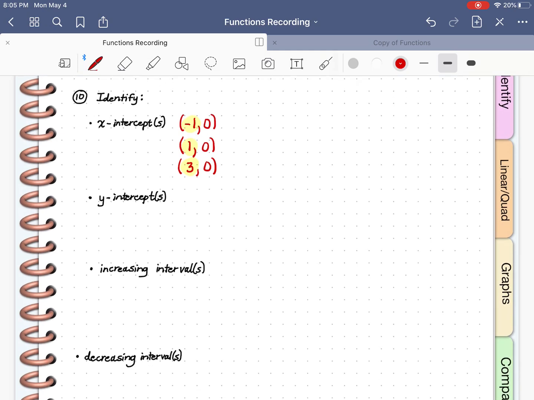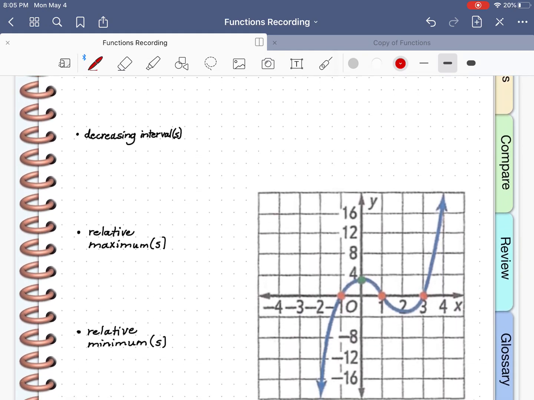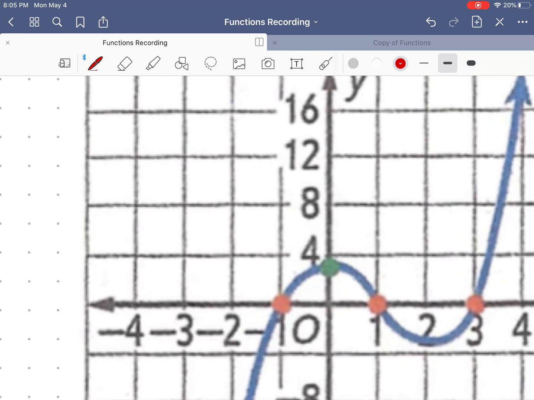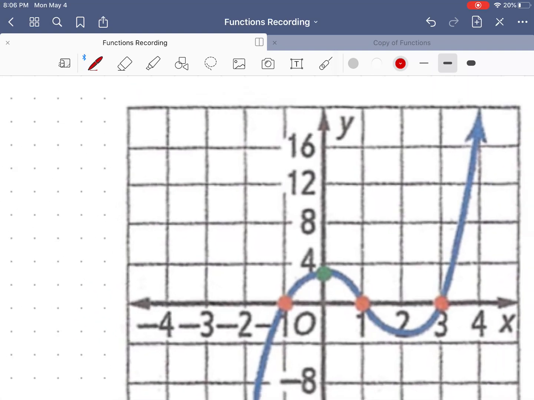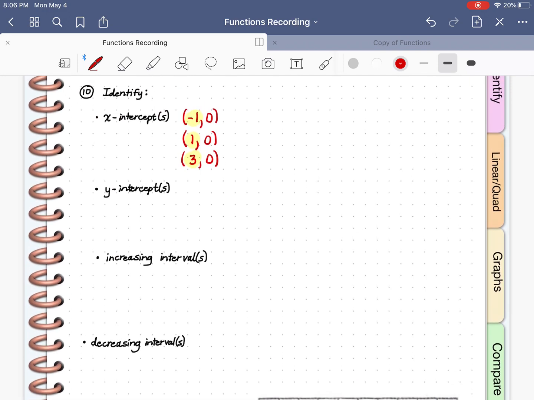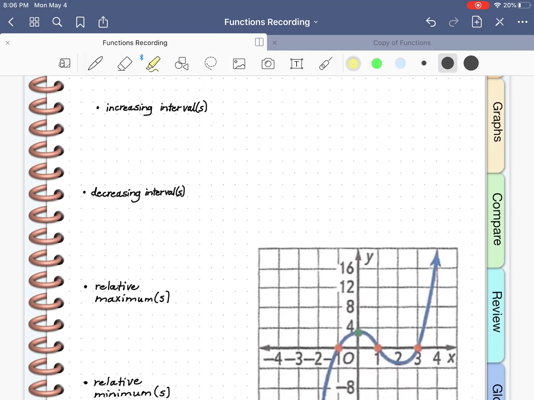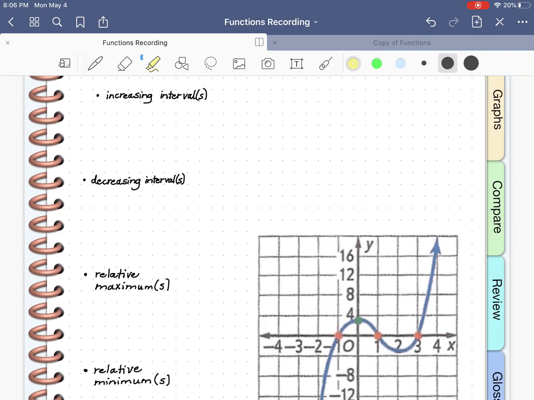All right, the y-intercept is this green dot. And it kind of looks like it's on 4, but it's not. It's a little under there, so I'm going to call it (0, 3). And the y-intercept is just that value of 3. Increasing intervals. In other words, where is that graph climbing?